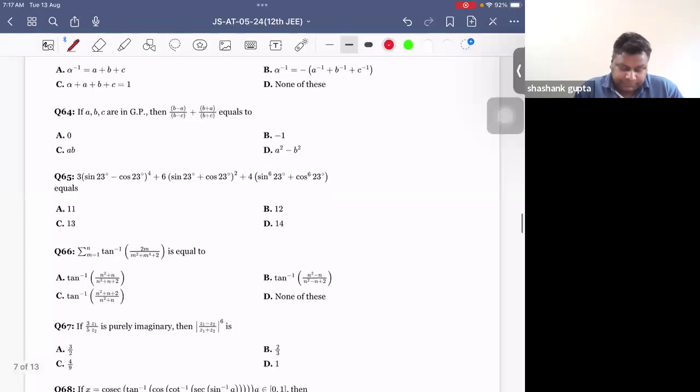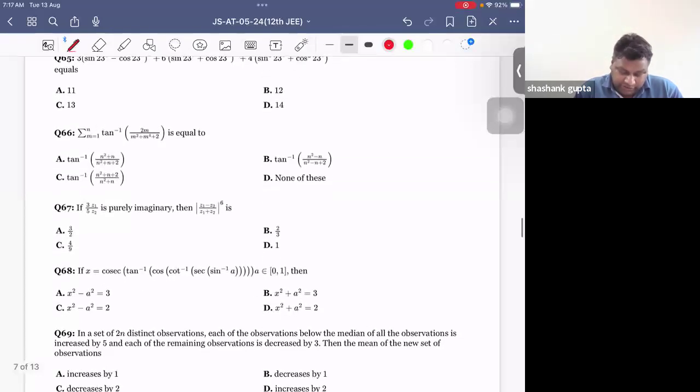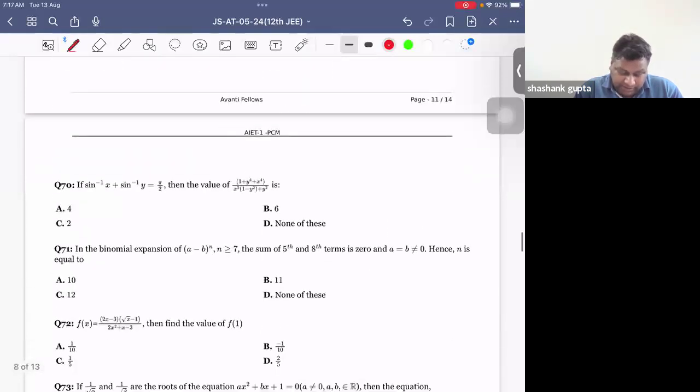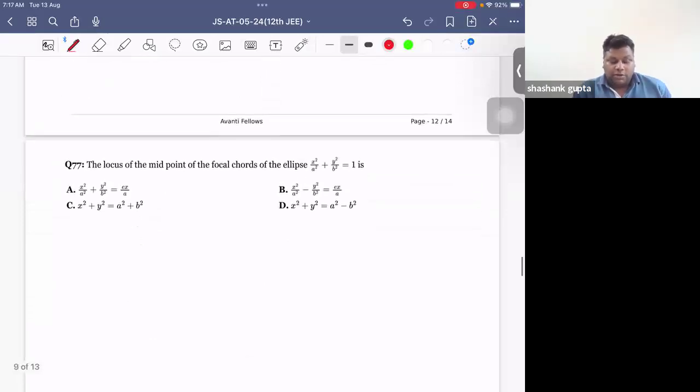All right. Now see, these are all simple questions. You can handle them easily. Now I will talk about this question: locus of the middle point of the focal chord of the ellipse.